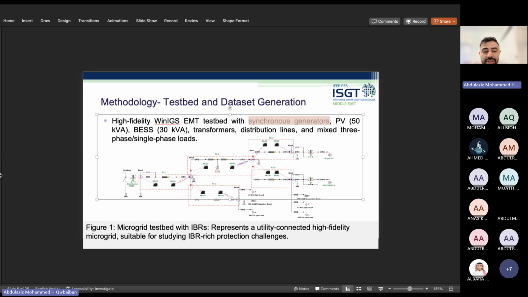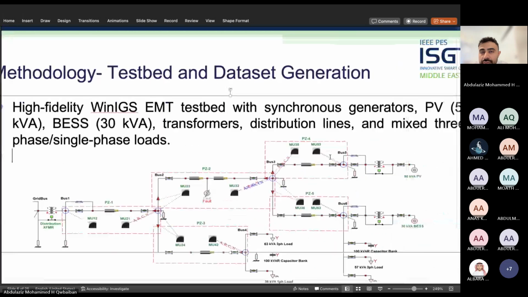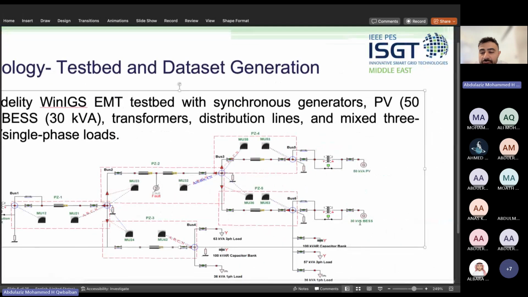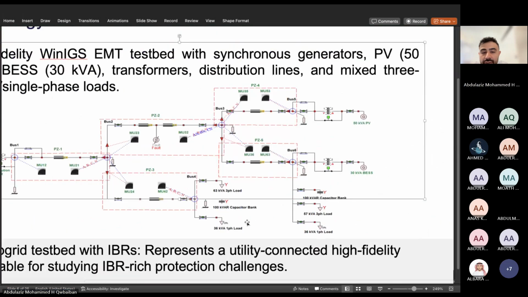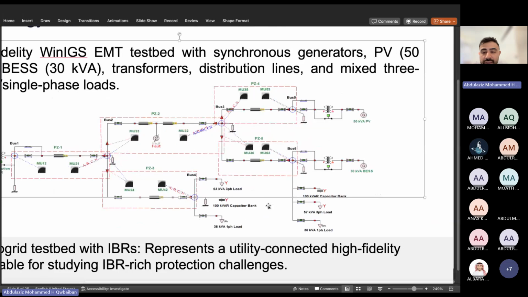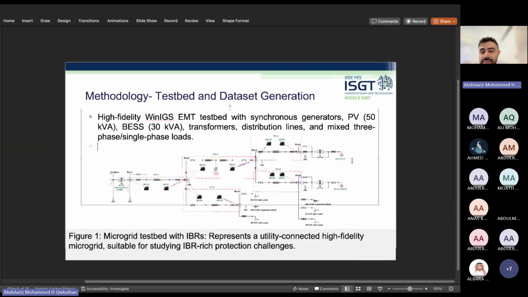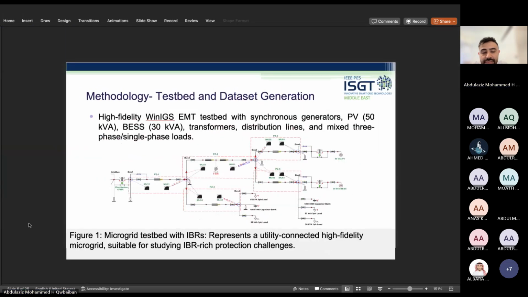Synchronous generator عند generation. طبعا we model ال PV, هنا في PV, هنا في battery, as a synchronous generator to make things easy.